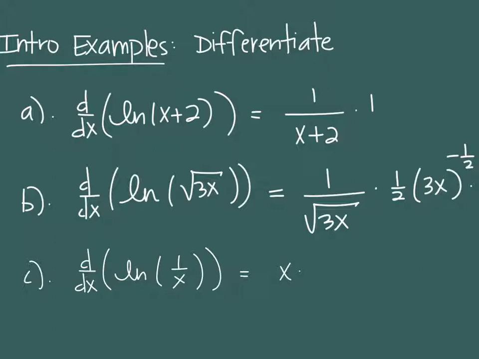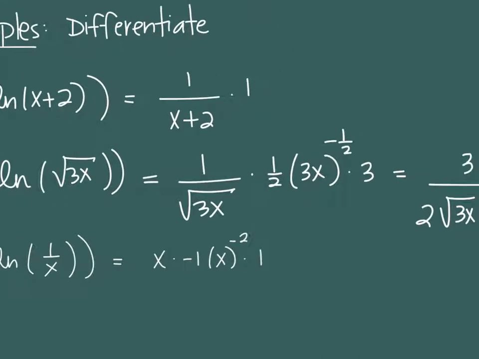The derivative of x to the negative first is negative 1 times x to the negative second, times the chain rule on that, which is 1. So this simplifies to negative x in the numerator and x squared in the denominator, which becomes negative 1 over x as the derivative.